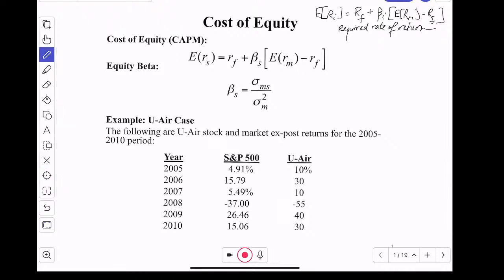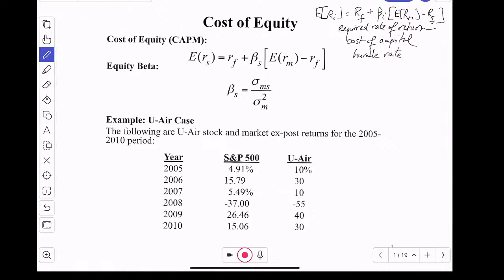Another name for the required rate of return, we talked about it, was cost of capital. Another name for it would be the hurdle rate. Another name for it, there's another name. Well, it depends on what it comprises. So if we are focused on an all equity firm, we can refer to its required rate of return as the cost of equity.